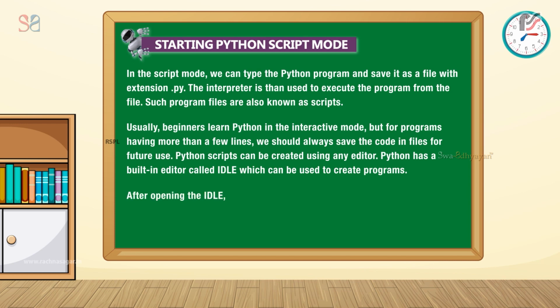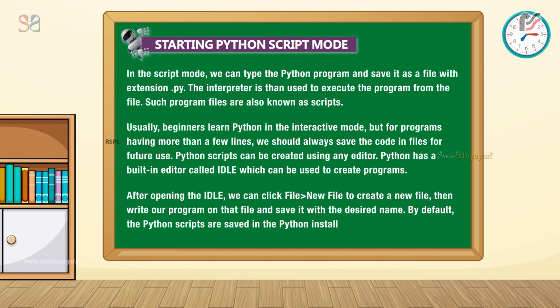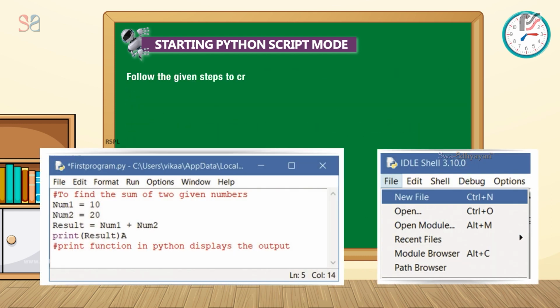Now, after opening the IDLE, we can click File, then New File to create a new file, then write our program on that and save it with the desired name. By default, the Python scripts are saved in the Python installation folder. Follow these steps to create a script.